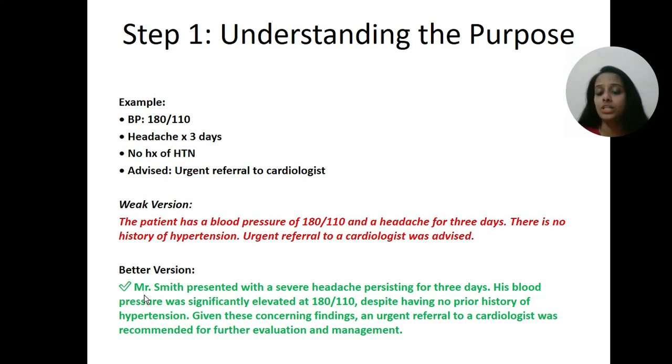So you could have written in such a way that Mr. Smith presented with a severe headache persisting for 3 days. His blood pressure was significantly elevated at 180 by 110 despite having no prior history of hypertension. Given these concerning findings, an urgent referral to a cardiologist was recommended for further evaluation and management.